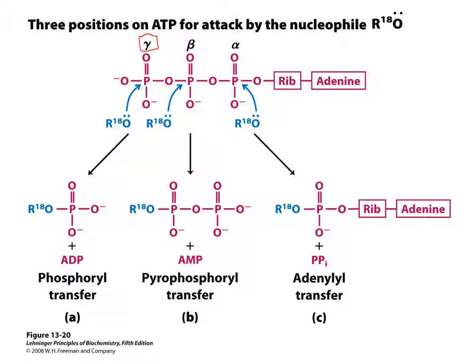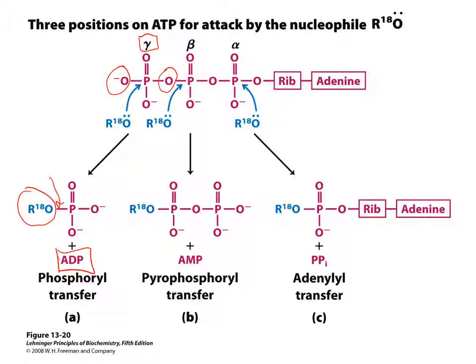So what happens is that it basically displaces the adenosine diphosphate, and it creates a new phosphoester bond. So if we conduct an experiment in which we use a radioactive oxygen, we can actually trace and see if it is this oxygen that is being released, or is it this?